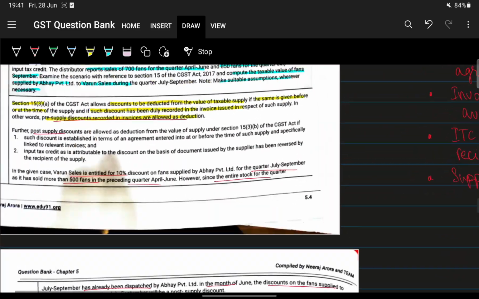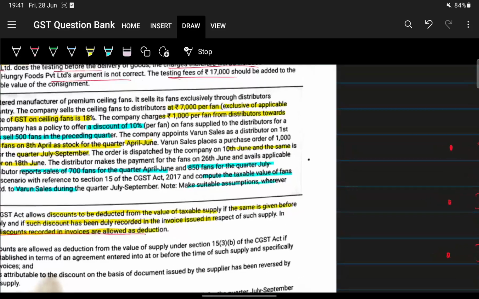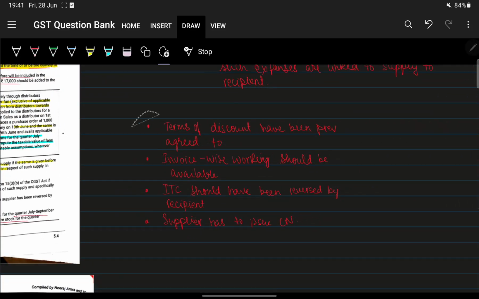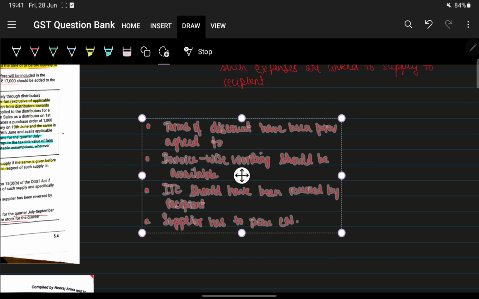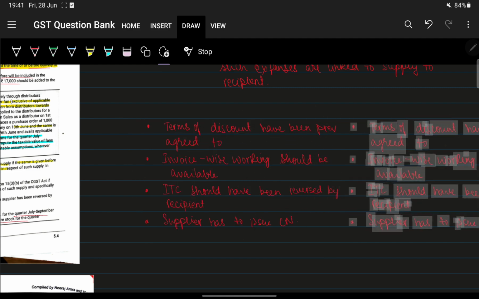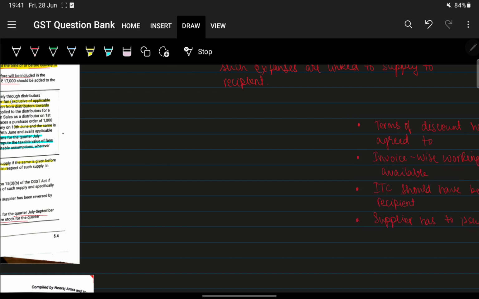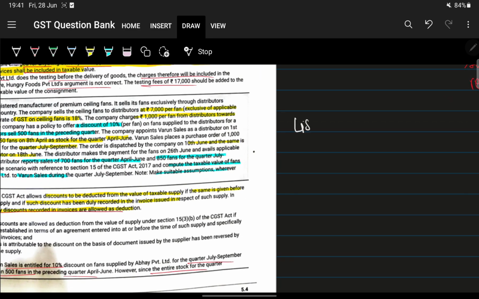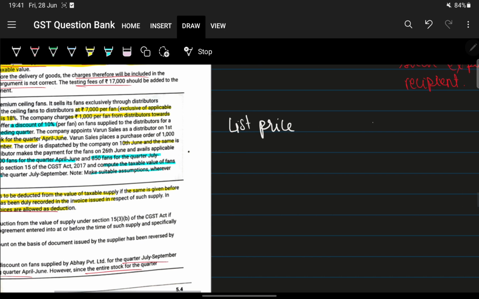Okay, fine. Now we'll just see one by one. Firstly, the list price. The list price is 7,000 per fan.